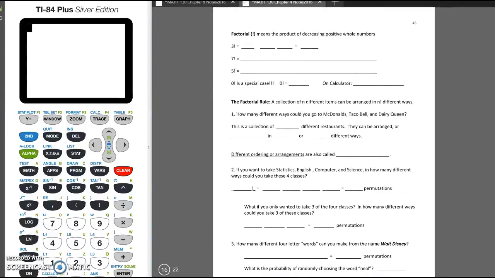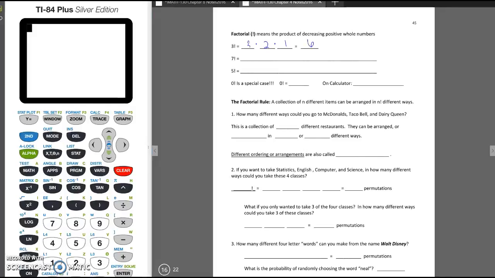Okay, now we're going to talk about another operation that's called factorials. So factorial, the notation is an exclamation point, and a factorial means the product of decreasing positive whole numbers. So when we say 3 factorial, we mean 3 times 2 times 1, which we see in this case would give us 6.